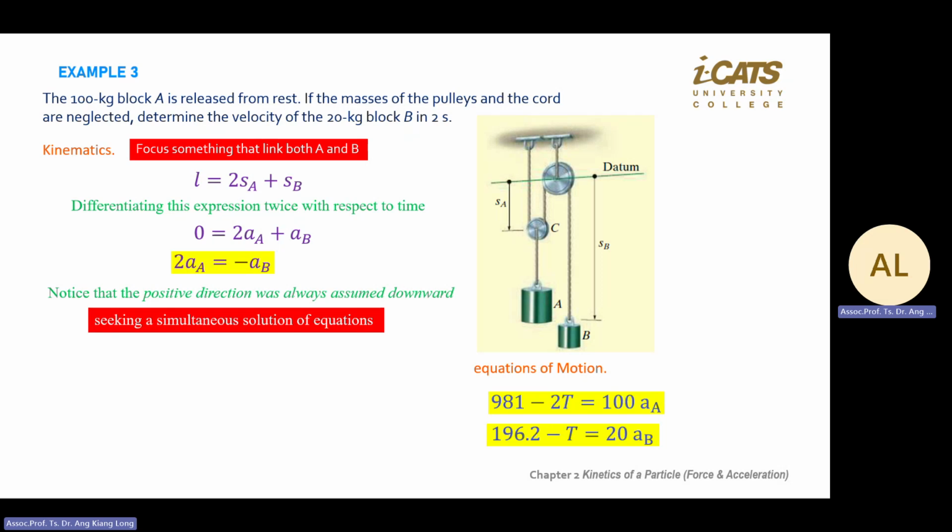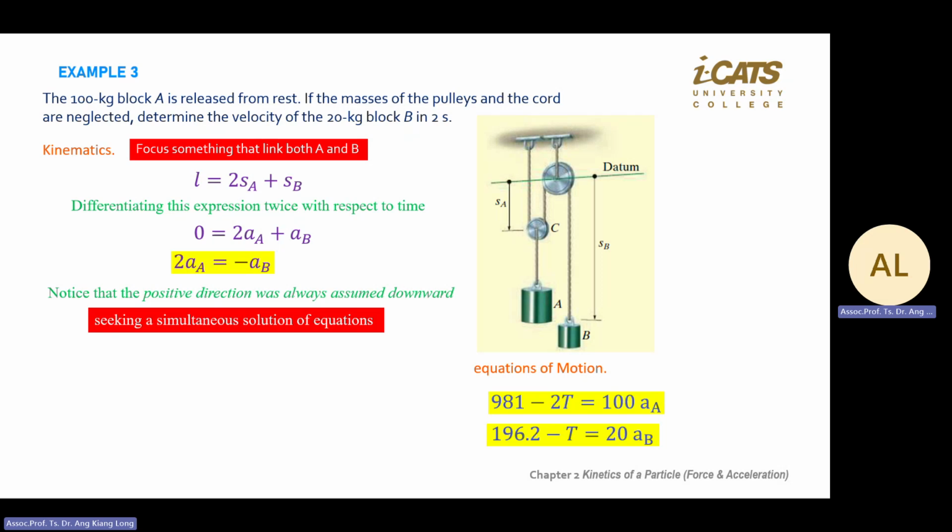Okay. So here, you assume all directions go down positive. So you have three equations, solve three simultaneous equations. I will skip that part. This is 1, this is 2, this is 3, third equation here.